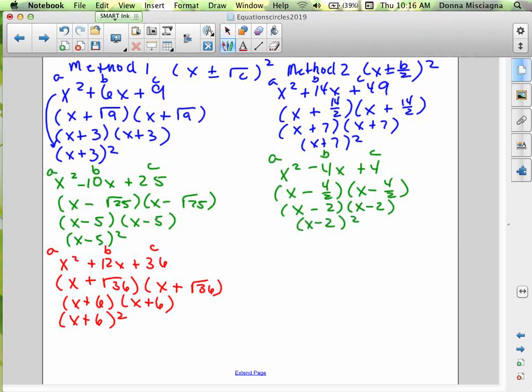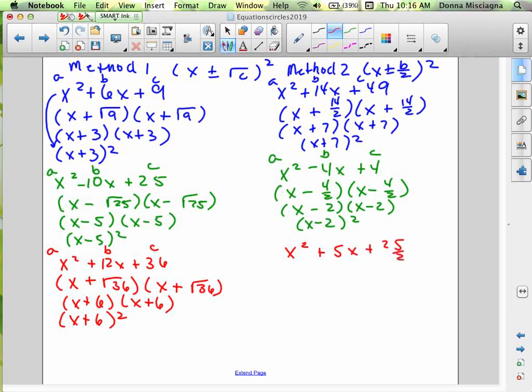And then the last one, which is the tricky one because it's got a fraction, x squared plus 5x plus 25 fourths. But it's not really tricky, because the fraction is the constant term, so we're not really using it anyway, and taking the square root of it wouldn't have been hard.